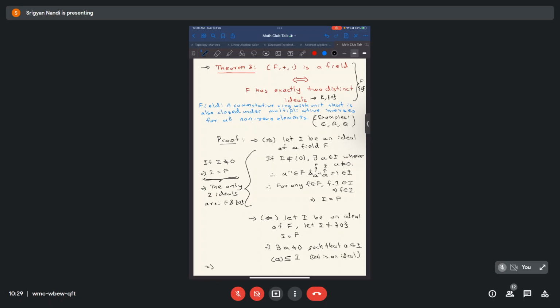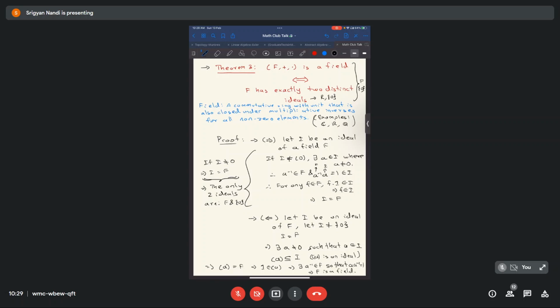And this will imply that the ideal generated by A is equal to F, which implies that 1 belongs to it. So that implies there exists A inverse in F, so that A inverse equals 1, which implies F is a field.